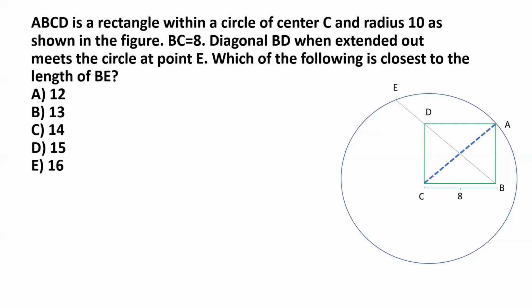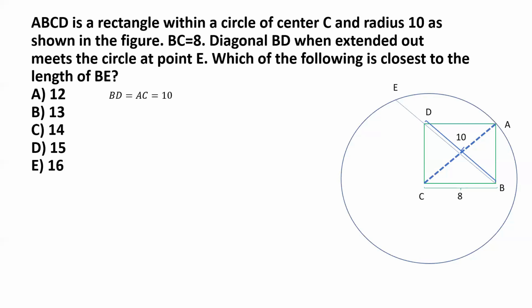And since AC and BD are diagonals of a rectangle, we know the diagonals of a rectangle are equal in length to each other. So we basically have BD equal to AC equal to 10. So now consider the right angle triangle BCD, where the hypotenuse BD is 10, one of the sides BC is 8, and we have to find what the side DC is.